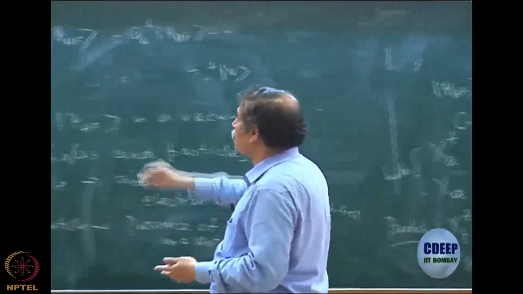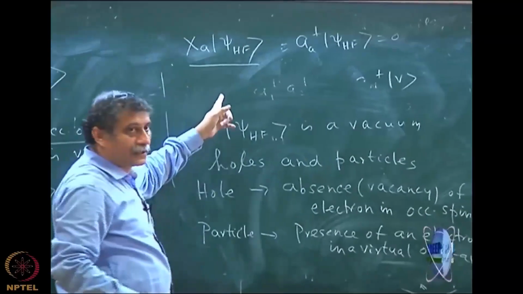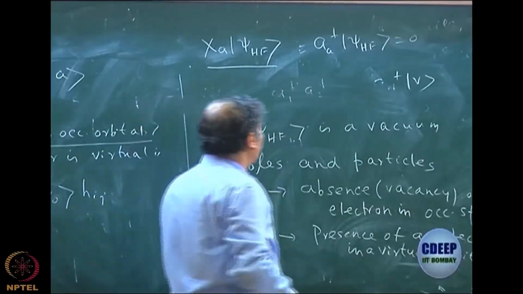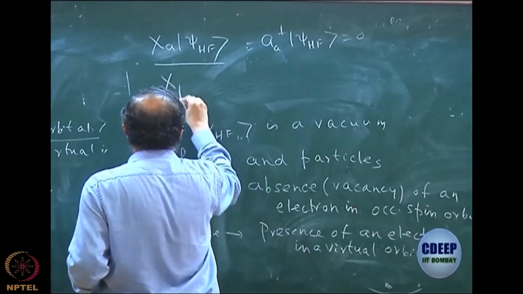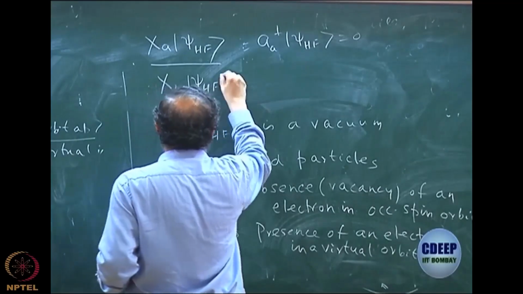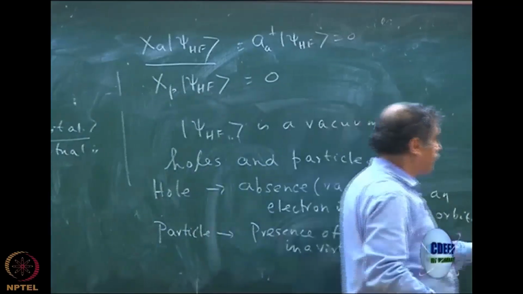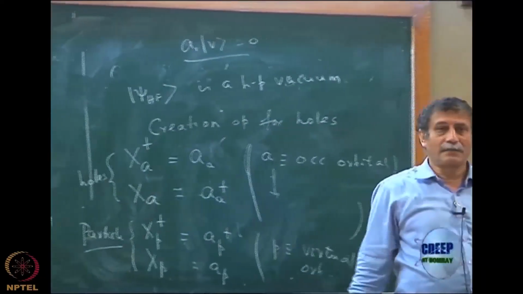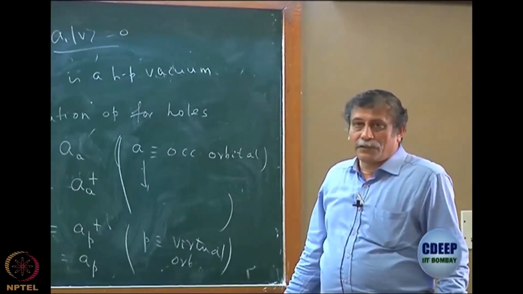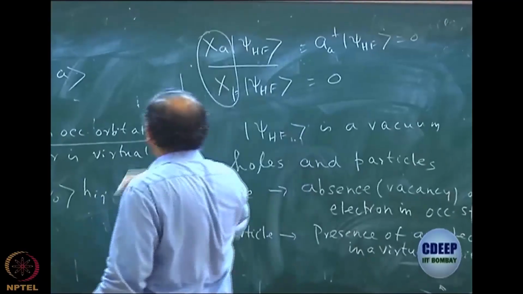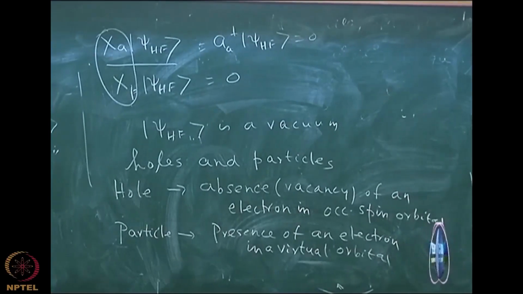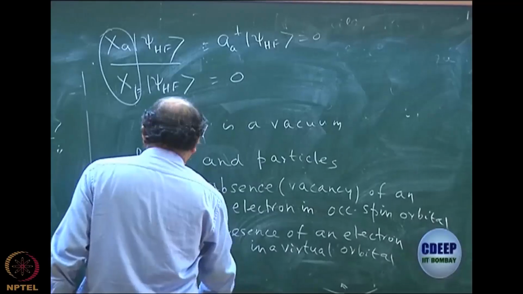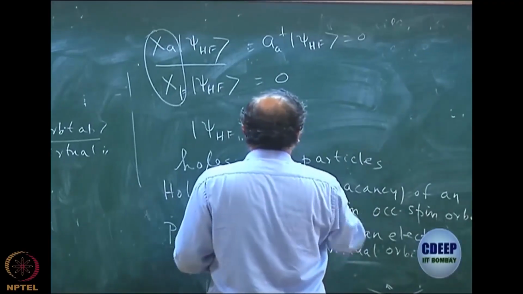So, what is important is, of course, look at this part, because I am now defining hole and particle. So, X_A acting on psi Hartree-Fock is 0, and similarly X_P acting on psi Hartree-Fock is of course 0, because X_P is nothing but A_P, the particle is not present, so I can't annihilate anyway. So, now I am able to define two sets of operators, holes and particles, whose annihilation on Hartree-Fock is 0, and hence I am arguing that the psi Hartree-Fock is a hole-particle vacuum.